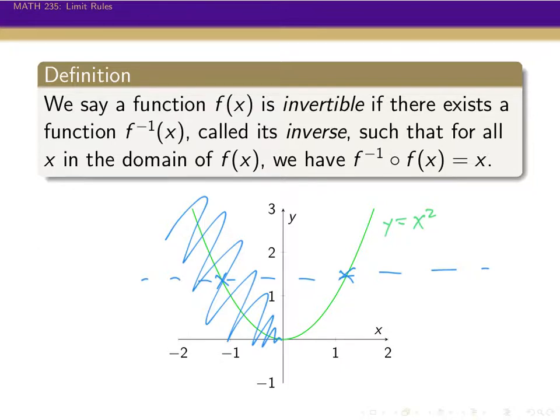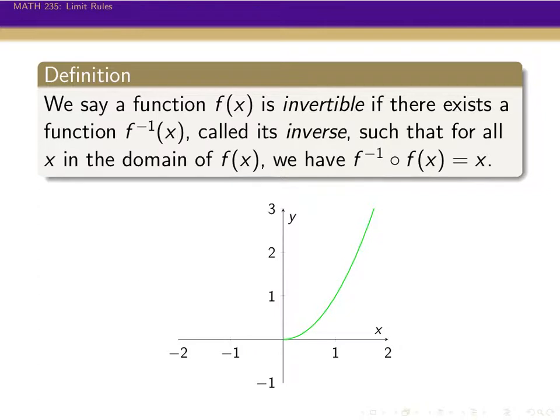So to make f of x invertible, we're going to basically drop off all of the negative x values. So we're left with just the right half of the parabola. What we did right here is what's called restricting the domain to all x that are greater than or equal to 0.